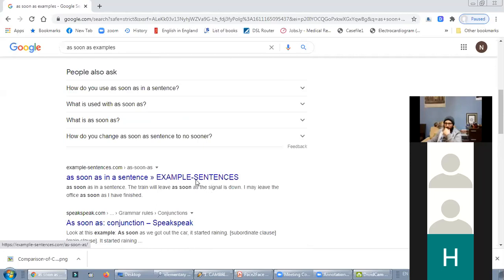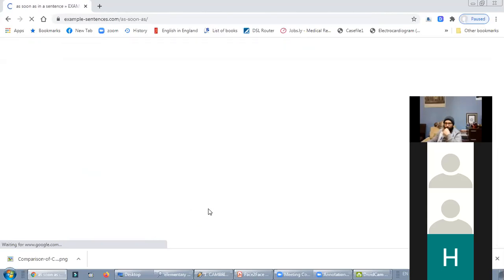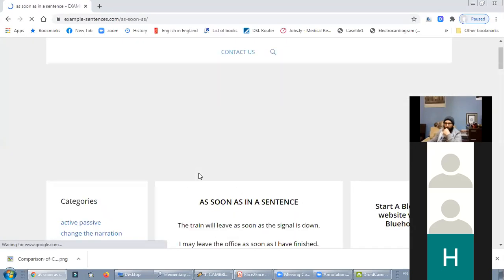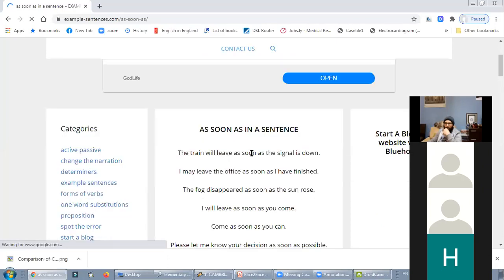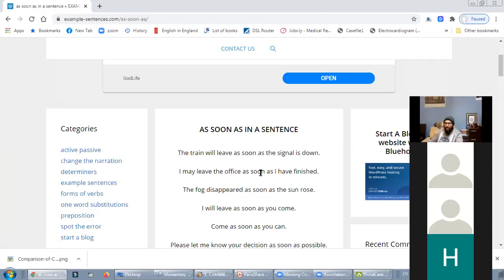As soon as the signal. Okay, let's open one of them. So the train will leave as soon as the signal is down. This is present. The signal is down. I may leave the office as soon as I have finished. This is present perfect. As soon as I have finished.